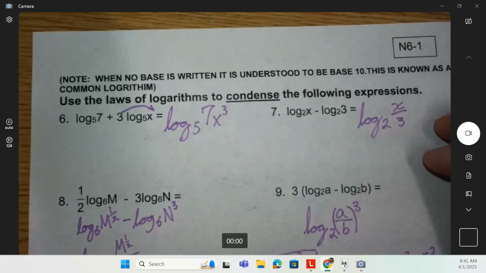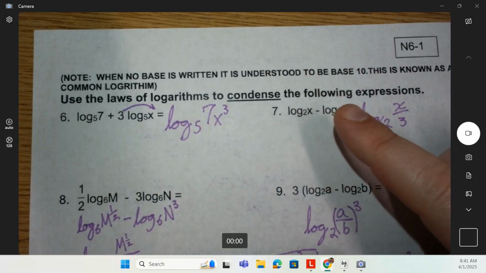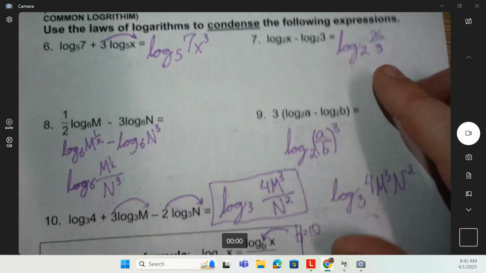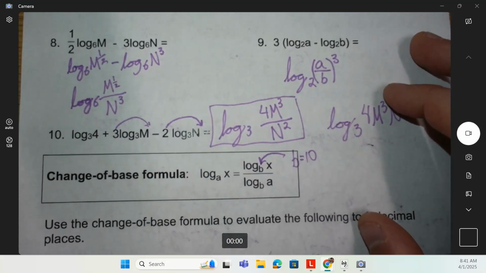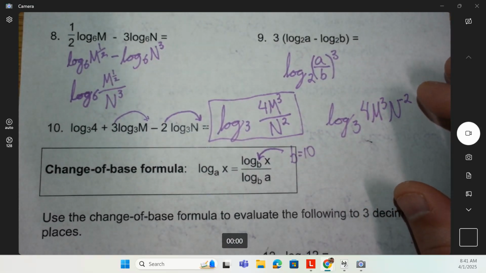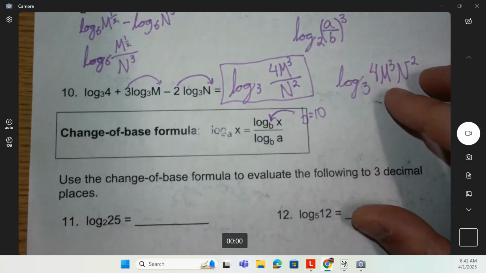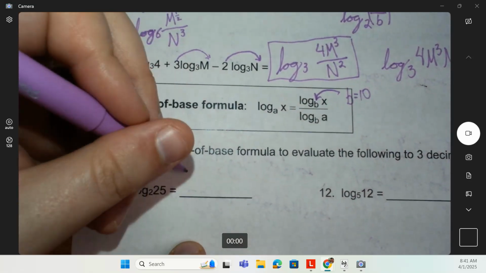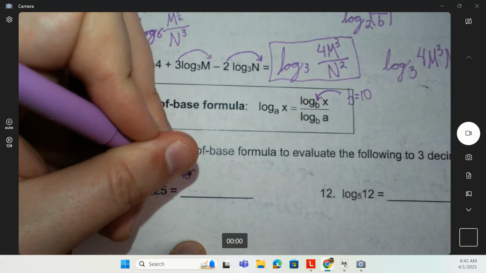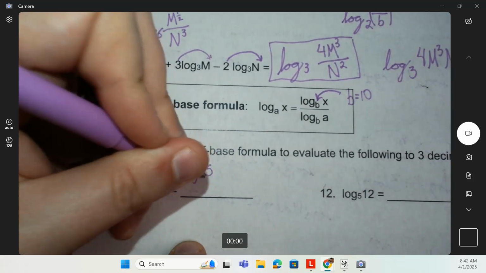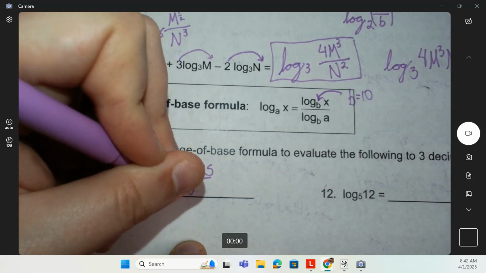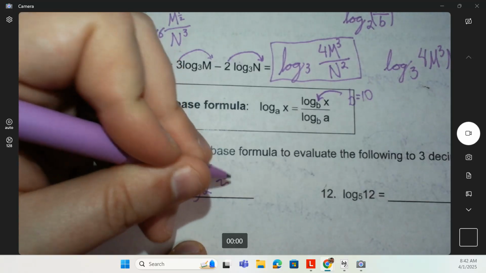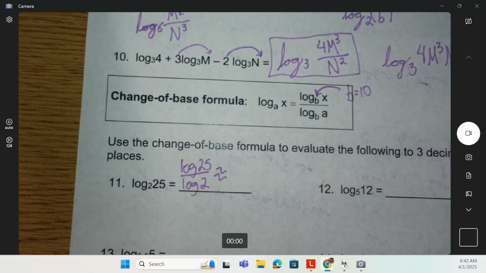But what they told us up here is that when there's no base, it's understood to be a base of 10, which is a common logarithm. In other words, it's the logarithm that has a button on the calculator right at the front. So if I do log 2 of 25, that means I'll do just log 25 over log 2. And we're going to do an estimate, so we do our squiggly equal sign.